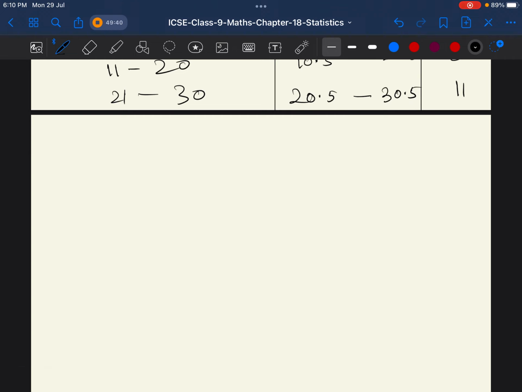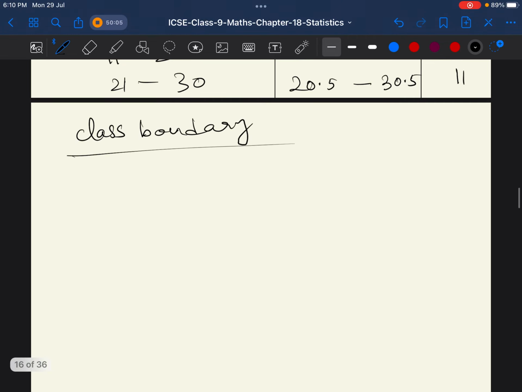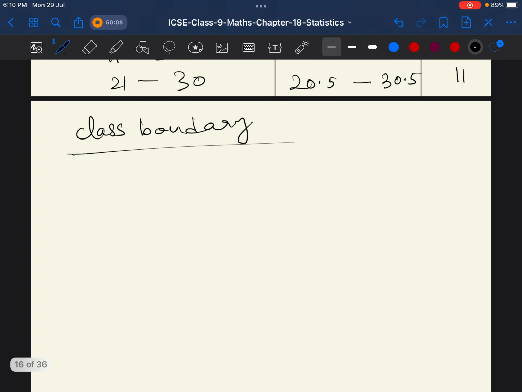Now we will know class boundary, class size and class mark. First, class limit we know. After adjustment, the class limit is called actual class limit.